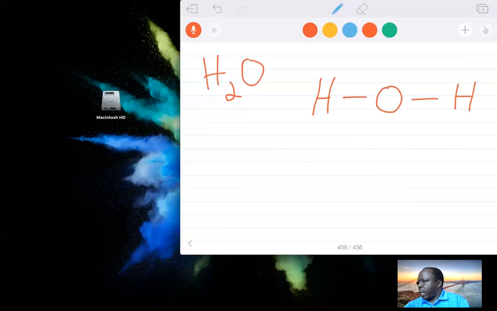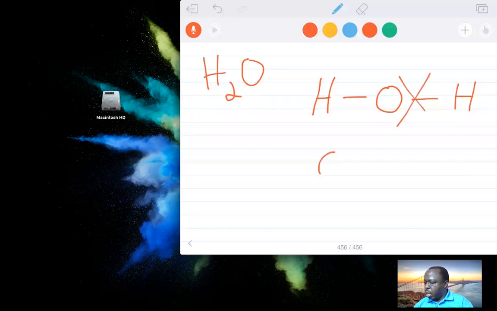Let me see if I can have a clean background, and show you the molecular model of H2O. If you can see, it is like a V-shape with the red ball being the oxygen and the white one being the hydrogen. I'm holding the other hydrogen. It's like a V. So the straight one is wrong.